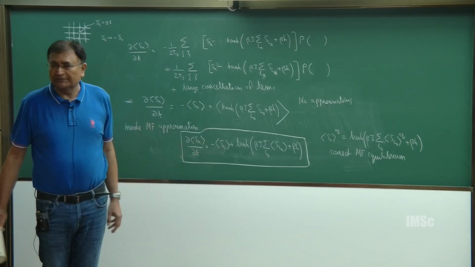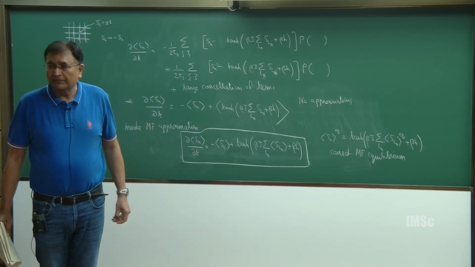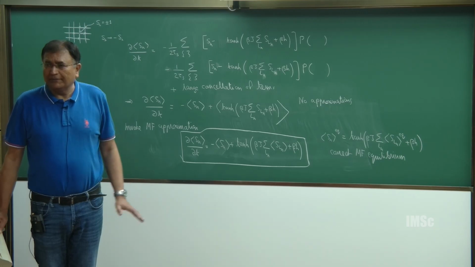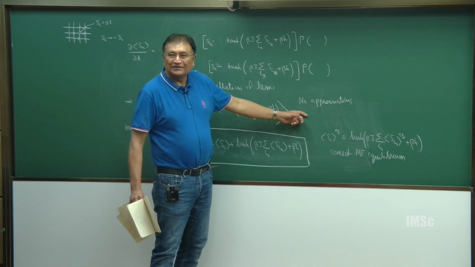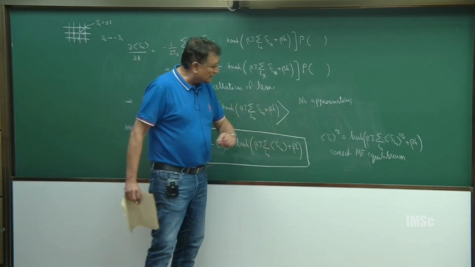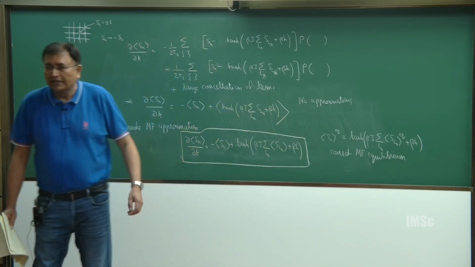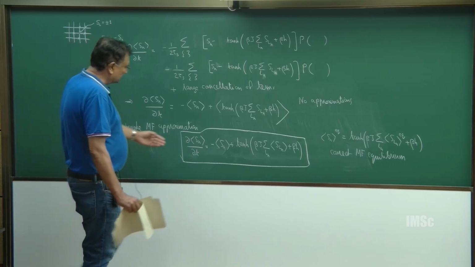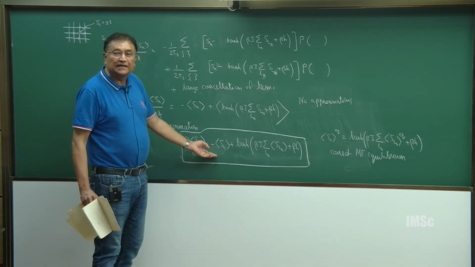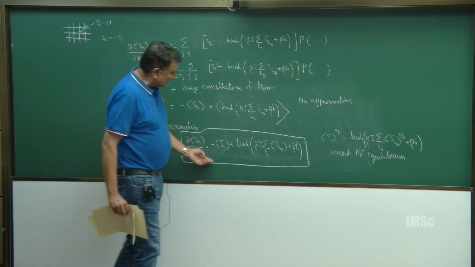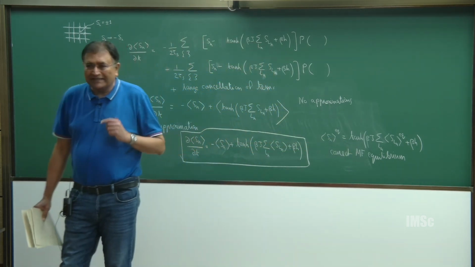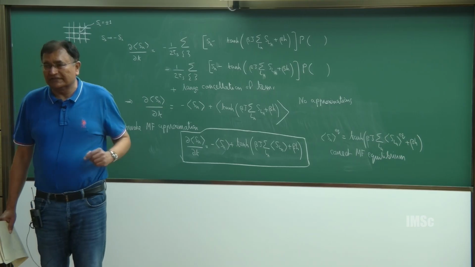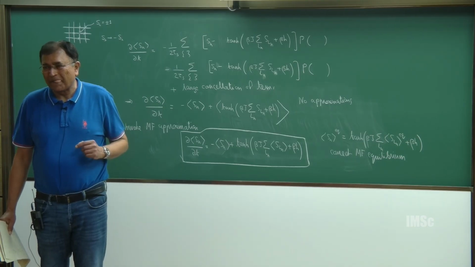It's a first approximation. That's why I made a point of telling you that there are no approximations involved at this point, but now I have a mean field approximation invoked. Why do I call it a mean field approximation? In the dynamical context, there is nothing like a mean field approximation. I call it a mean field approximation because the static solution is the correct mean field solution, basically.